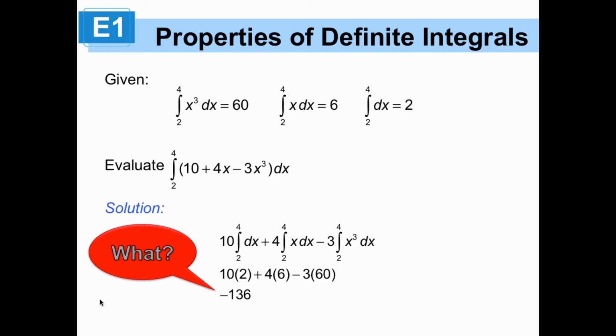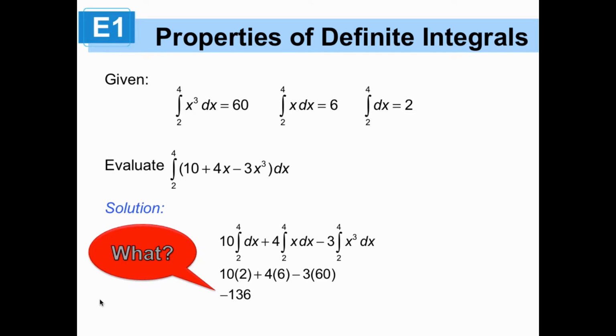Can you go over that solution again? How I got this solution? Like what you even did. Okay, so one of the properties is the integral of a summation or a difference. I can split that into 3 separate integrals. Okay, so you good there? What I also did is I said, well, if I have a constant times a function, I can just move the constant out in front.